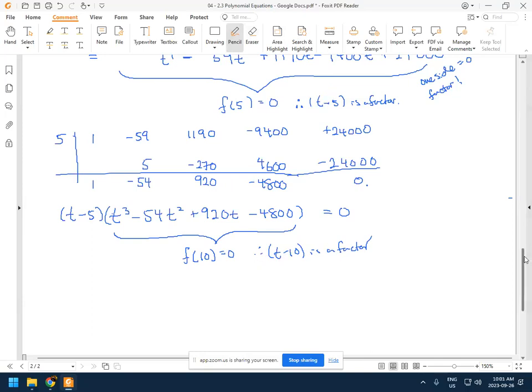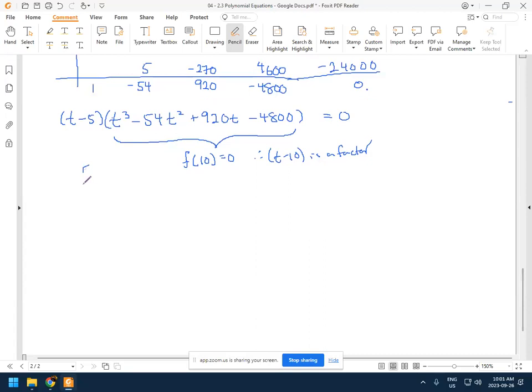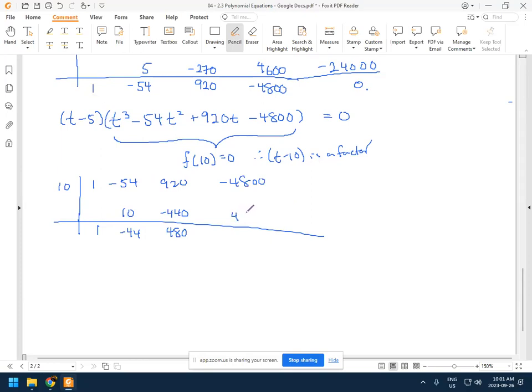Okay. So once again, let's use the newly found equation. We've got 1, negative 54, 920, and negative 4,800, and there's a 10. Bring down the 1, multiply by 10, add. Add 480, and 10 times 480 is 4,800, that's a 0.